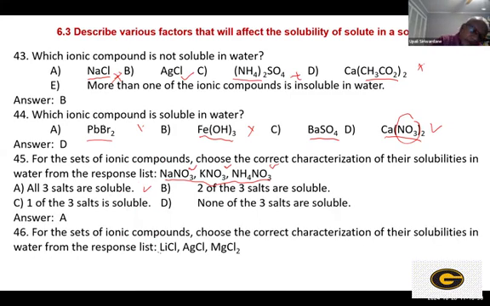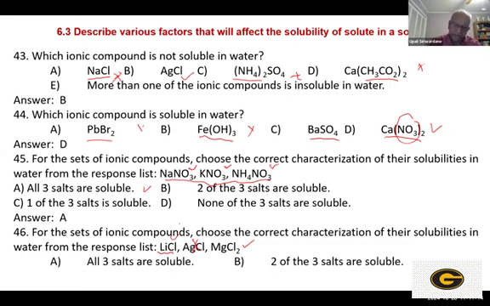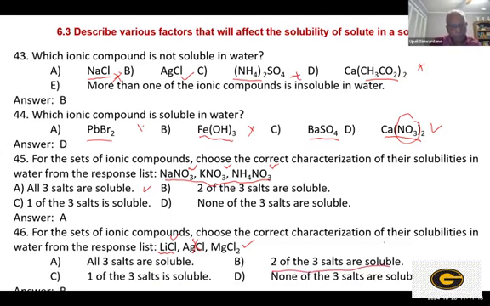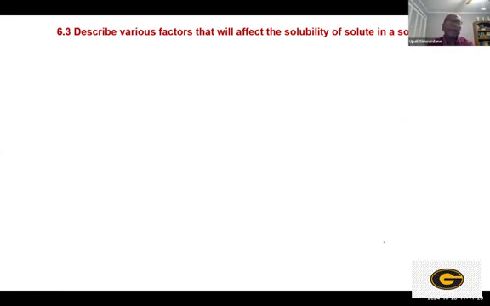Lithium chloride, lithium is a group 1 cation. That's soluble. That's insoluble. That's soluble. There are 2 out of 3 salts. B is the correct answer.